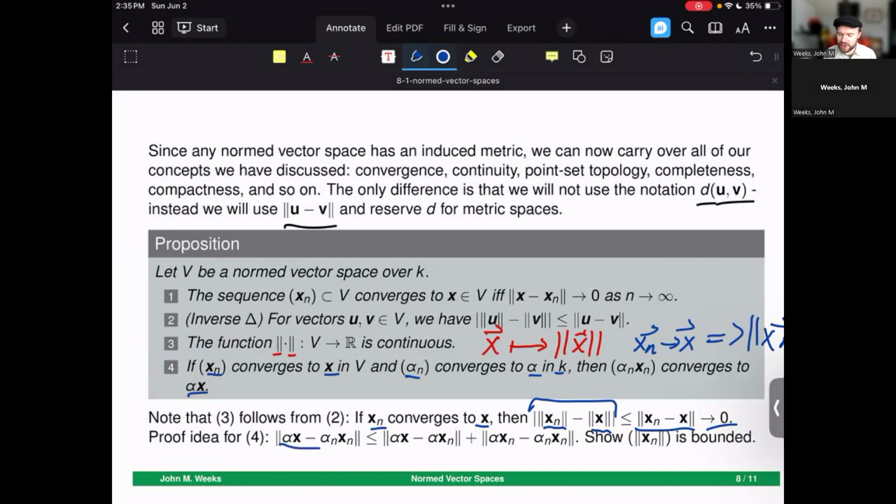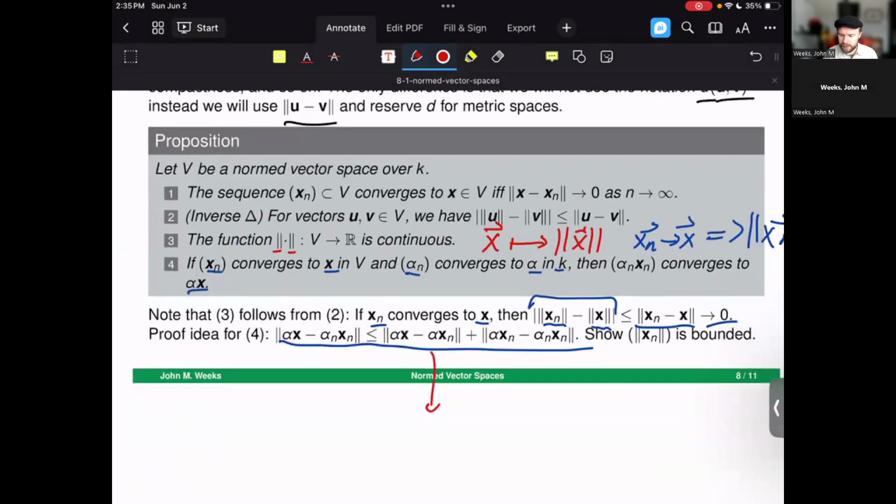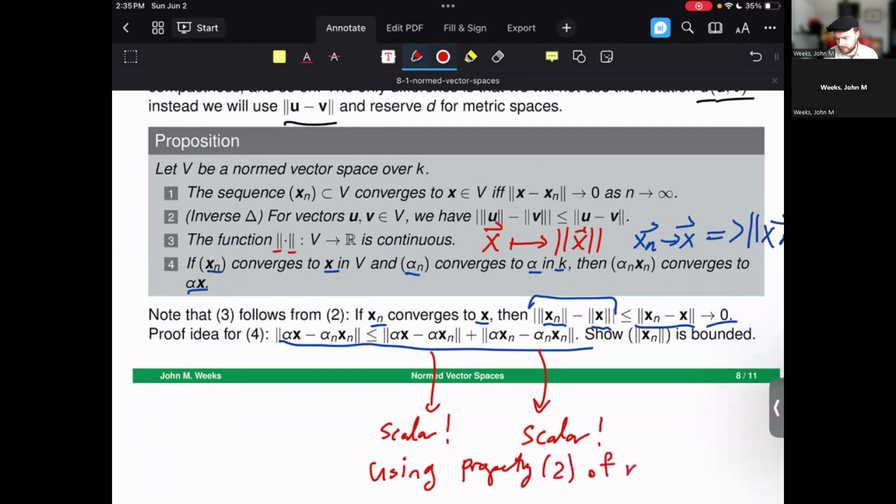The proof idea that you maybe have seen before already in this class is that you can break this up utilizing the triangle inequality into two separate norms that you need to show go towards 0. Maybe we can utilize for both of these the notion of, well, there's a scalar to take out here. And maybe over here, there's a scalar to take out. So using property 2 of norms that allows you to take out a scalar.